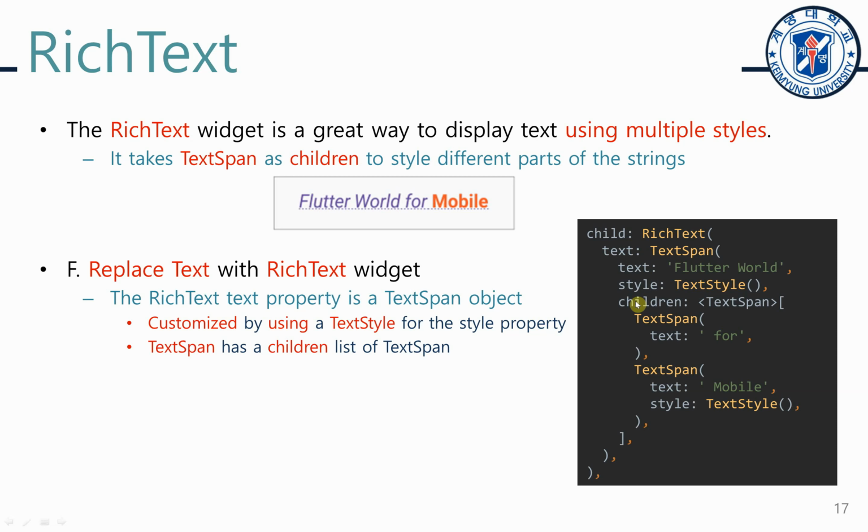Like this is what we are designing, multiple texts within just one widget tree. So we can replace the text widget which we have been using with rich text, and we continue to develop a better app.